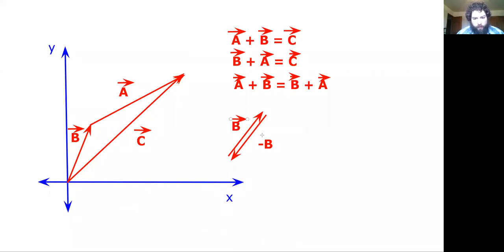Which is probably clear to you, I'll just say that B plus negative B is going to equal 0. And so that means that A minus B is the same as A plus negative B. And so that's our null vector. That's another important property of vectors.